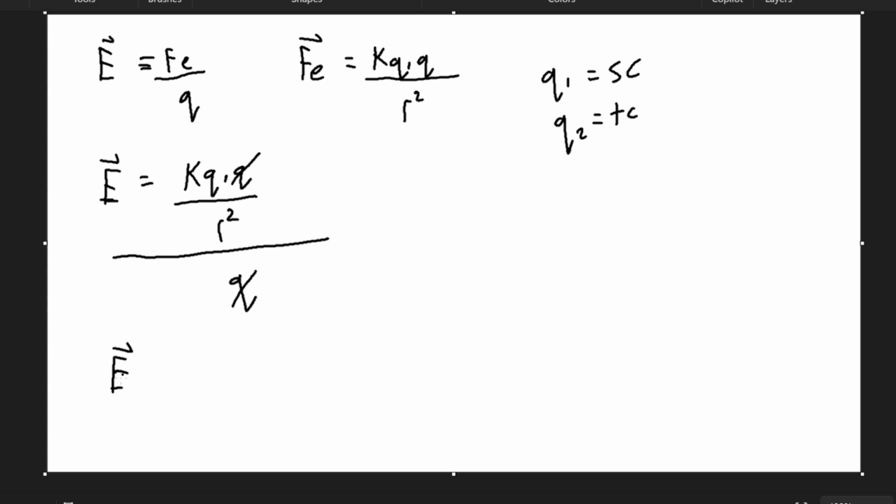So then the electric field is equal to KQ1 over R squared. So the Q1 is our source, and then we just take the absolute value, because whether it's negative or positive does not matter. We just look at the electric field and then go from there for the direction of the field.